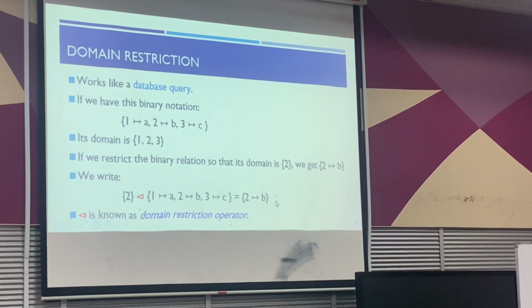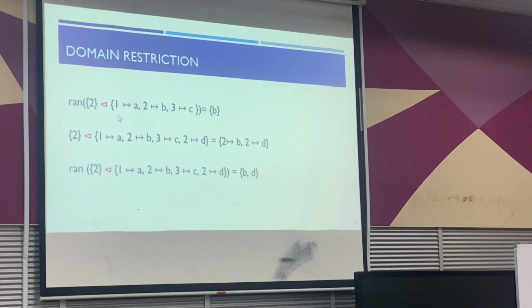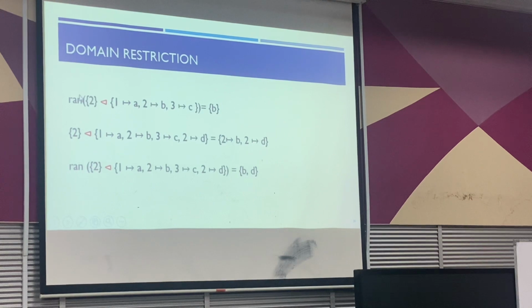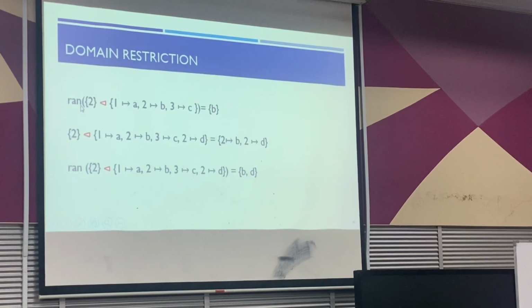So if you want to produce the output as name only, you can put another domain or range in front here. If the name is the range, then you put ran in front. That is another way to show the result.